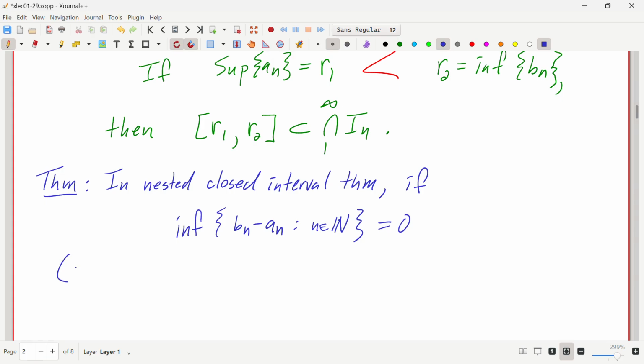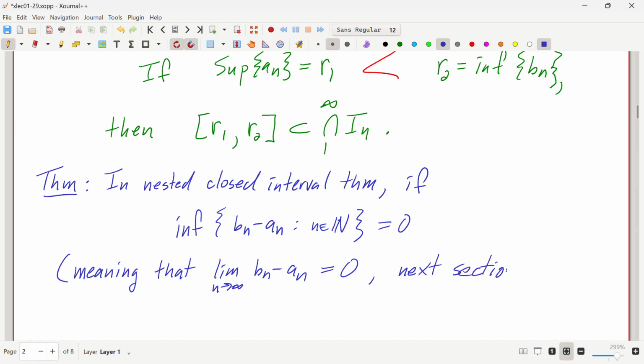Here's what you should think. We're going to talk about limits in the next section, finally. That means that the limit, as n goes to infinity, of the length of the intervals goes to 0. That's what we're going to talk about in the next chapter, in fact.